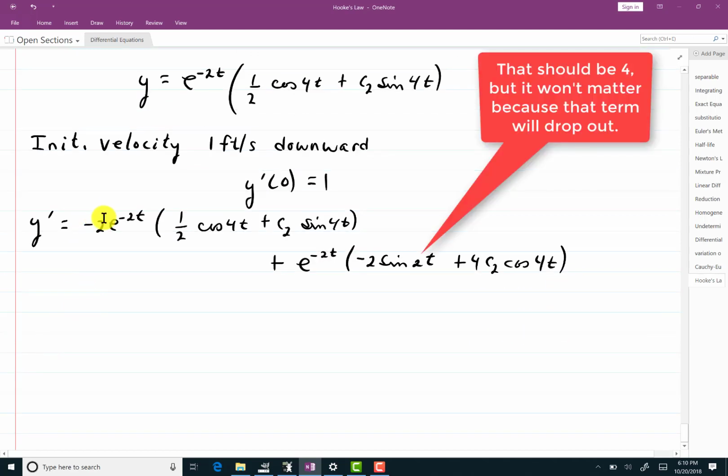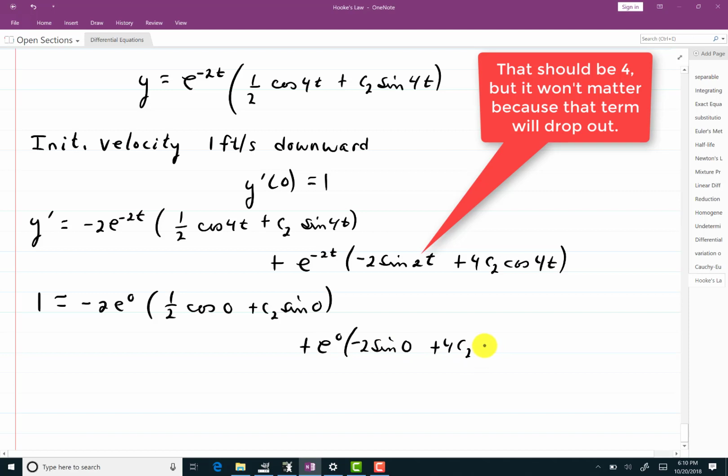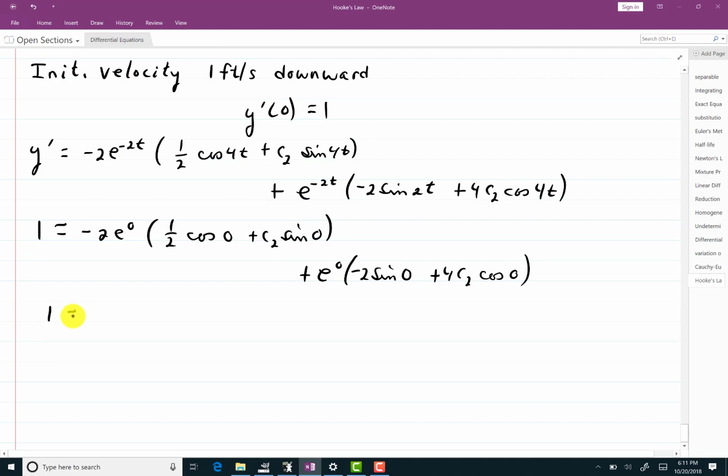And let's go ahead and plug in 0 for t. So I'll get 1 equals negative 2e to the 0 times 1/2 cosine of 0 plus c2 sine of 0, plus e to the 0 times negative 2 sine of 0 plus 4c2 cosine of 0. A lot of stuff cancels here. 1 equals, for example, this sine goes away and so does that sine. E to the 0 is 1, so I have negative 2 times 1/2, that's this part right here.